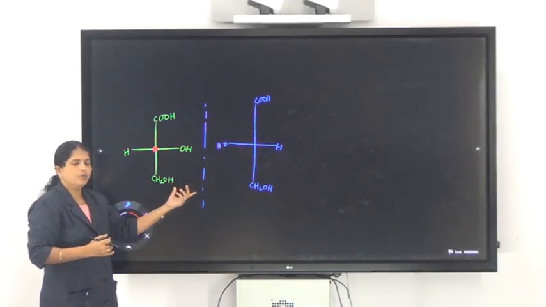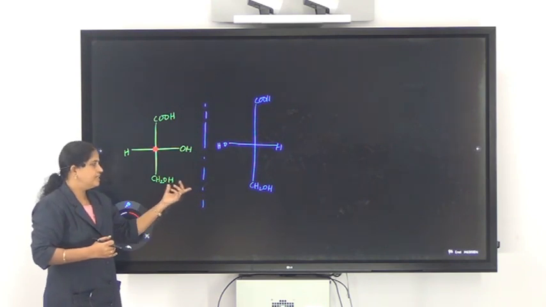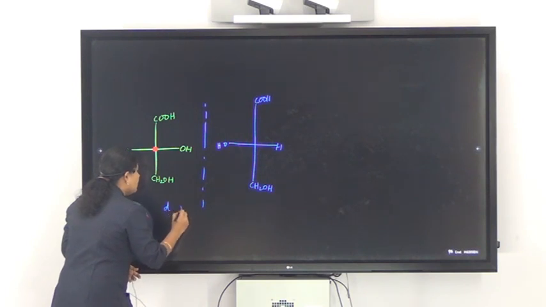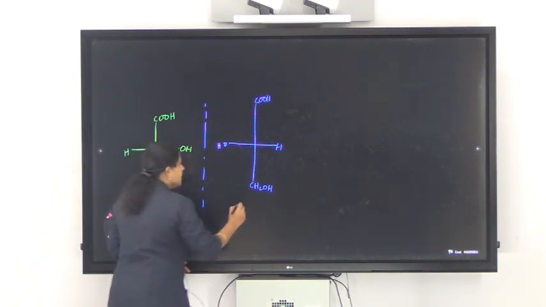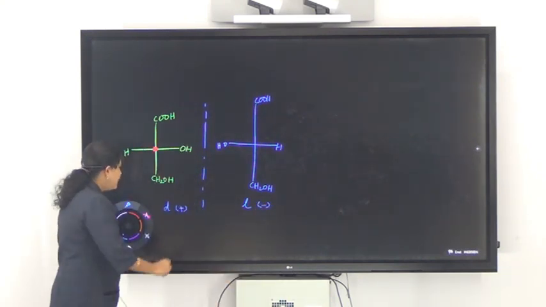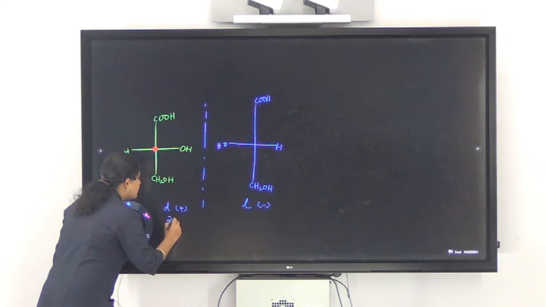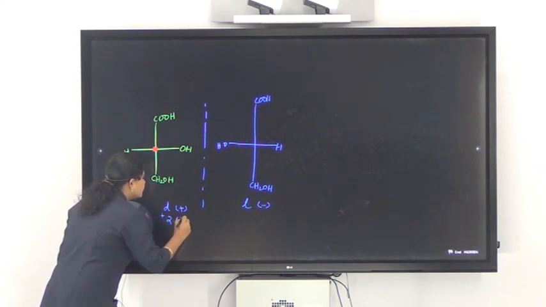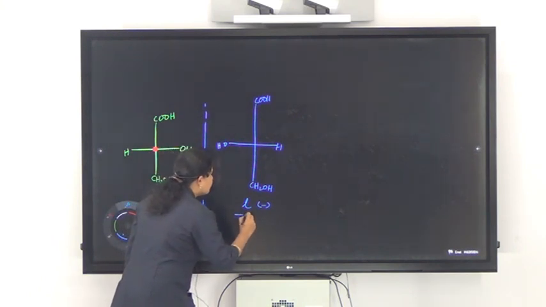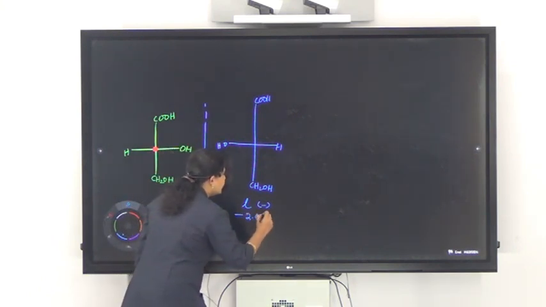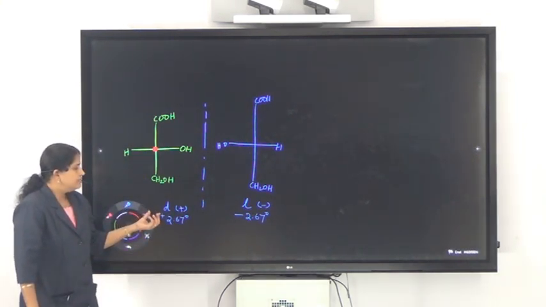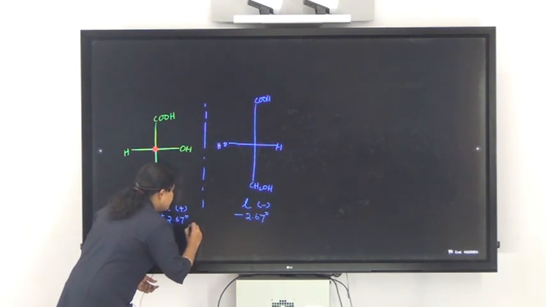Then this molecule exhibits optical activity and is an optically active molecule, and this is the D form or plus lactic acid, and this is the L form or minus lactic acid. D lactic acid possesses a specific rotation of plus 2.67 degrees and L lactic acid possesses a specific rotation of minus 2.67 degrees. So these are called enantiomers.